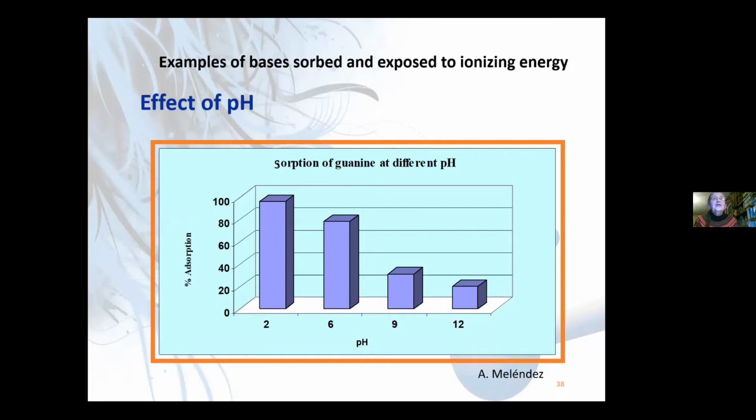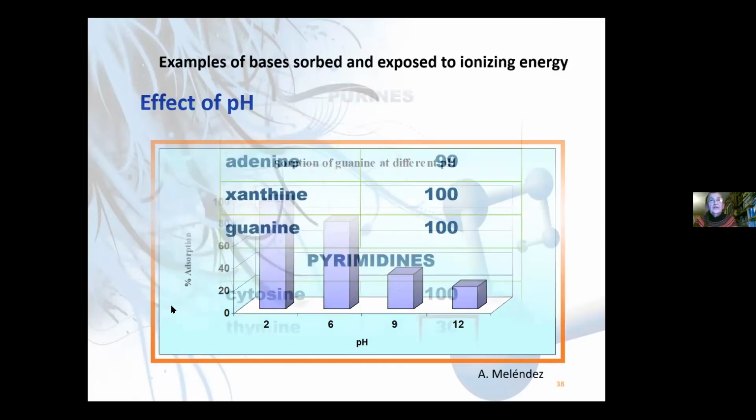This is the effect of pH on one of the bases that we studied. As this figure shows, the maximum adsorption is at acidic pH. And as the pH increases, the adsorption decreases. So this region is the best for our studies.